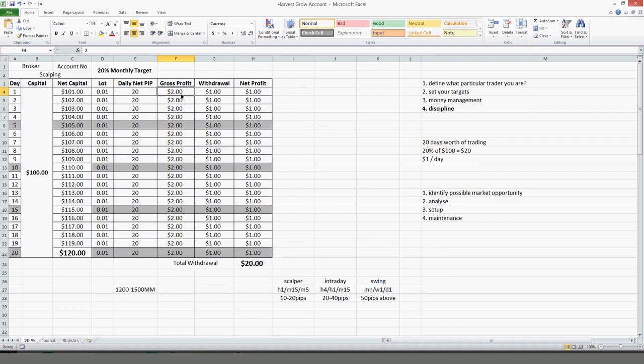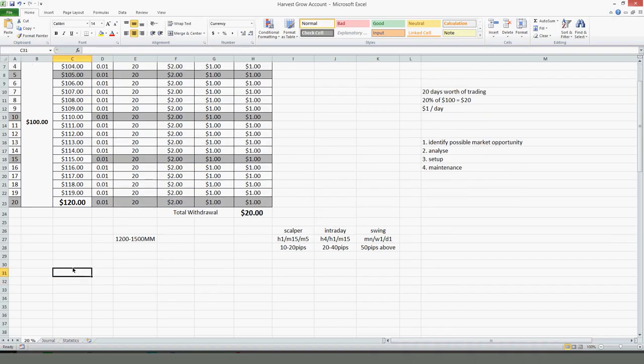Okay, so if you earn $2, $1 out of it will go to your capital, and the other dollar you should put in what I call a bank account. So you should have a bank account, and the other should be a grow account.